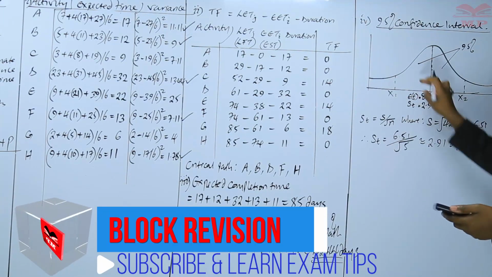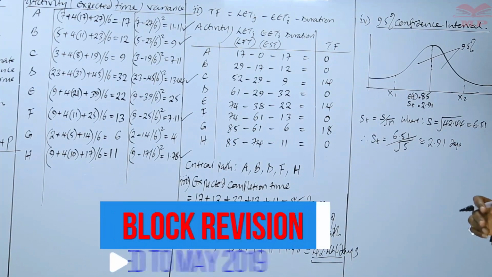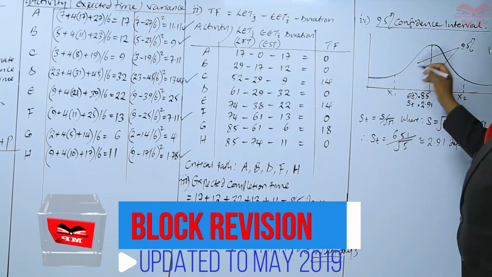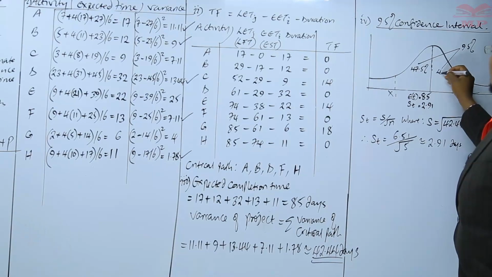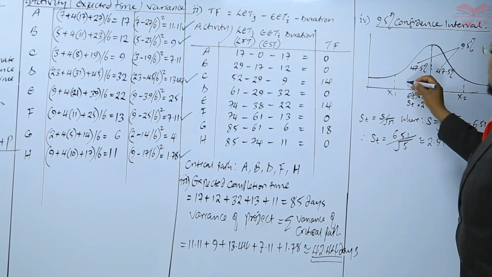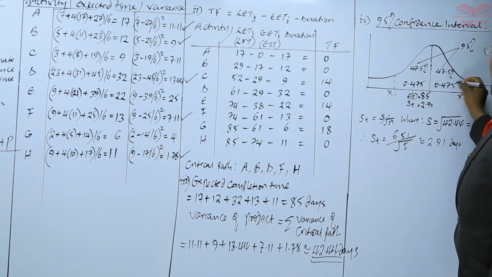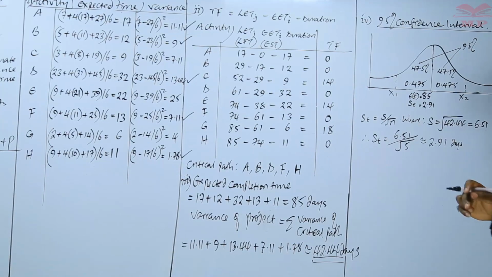So having known this is 2.91, now we can determine, remember, this area that you are looking for, total of 95, is what we call symmetrical. Symmetrical means it's balanced. So this side and this side, this must be 47.5%. In actual sense, this is 0.475. So we just need to read from the table what is the Z value.